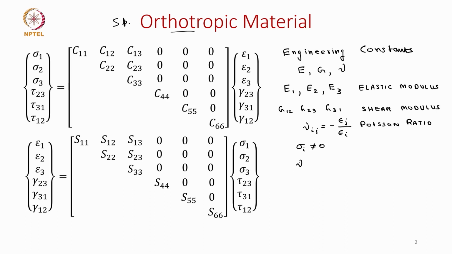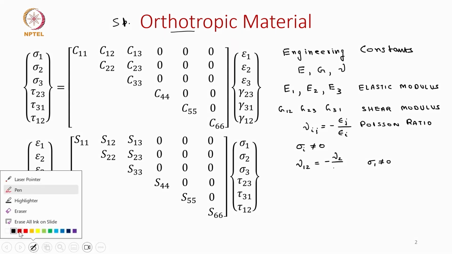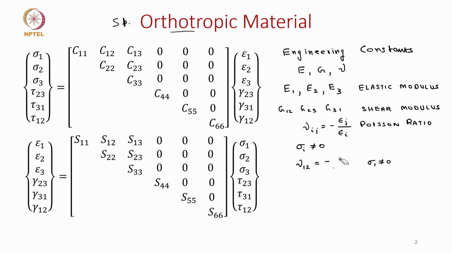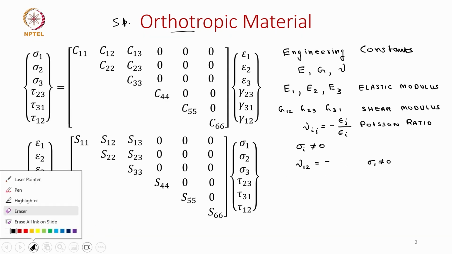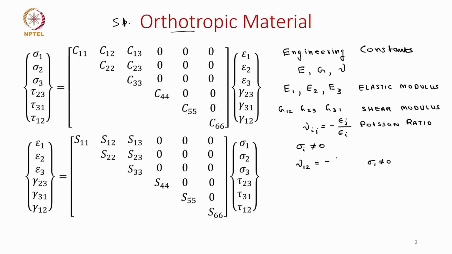For example, nu 12 means we are talking about a load in direction 1, and the ratio is epsilon 2 by epsilon 1. So, the numerator is the direction we are interested in, and the denominator is the direction where the load is applied.